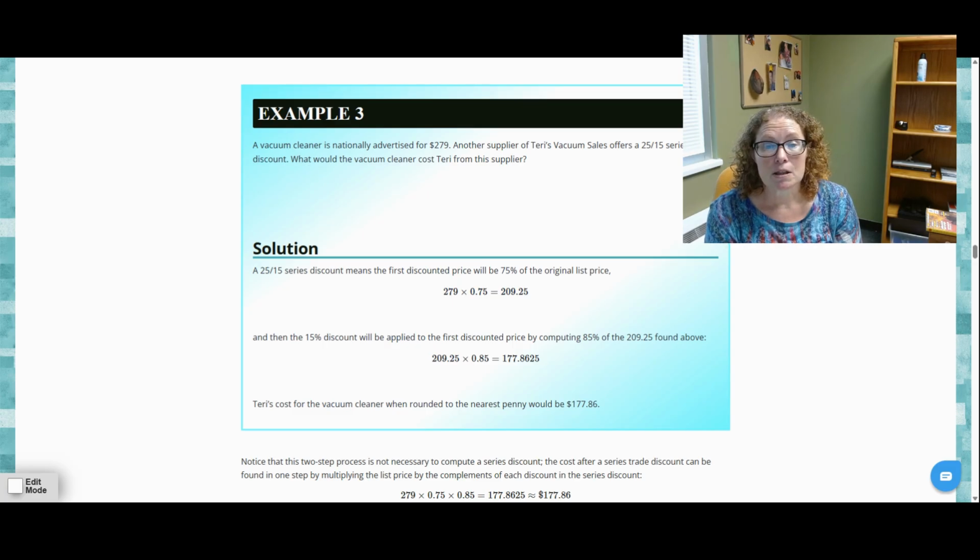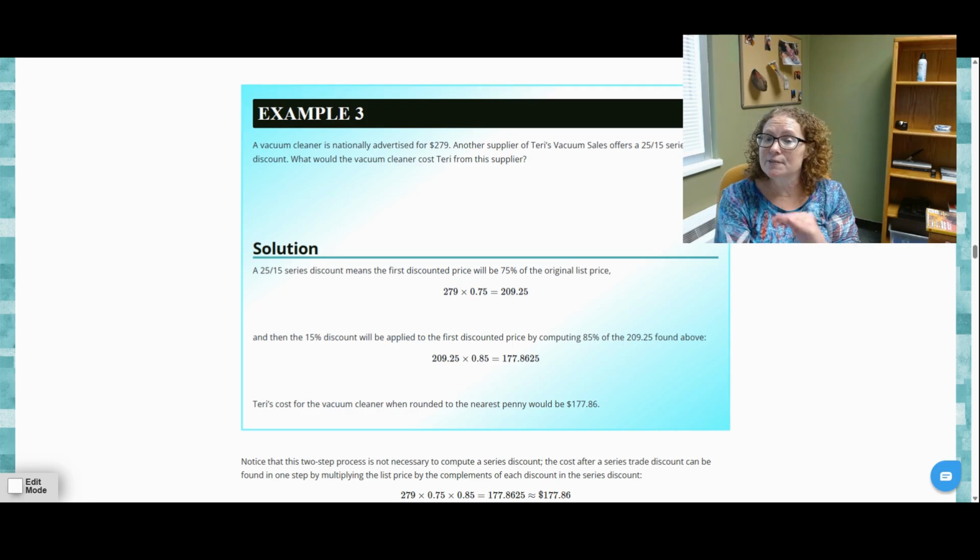If we look at 25/15, again we're using the complement. The complement of 25 is 75, because 100 minus 25 is 75. So we're going to say 279 times 0.75, which gives us $209.25. Then we apply the 15% discount to the first discounted price.